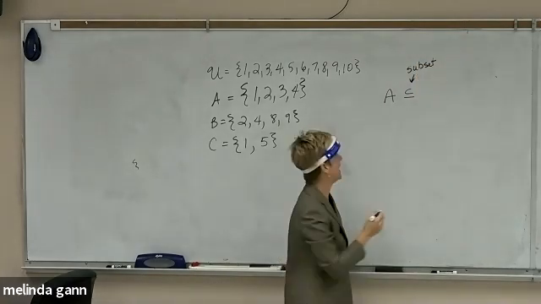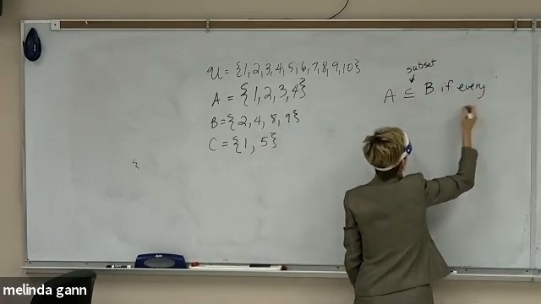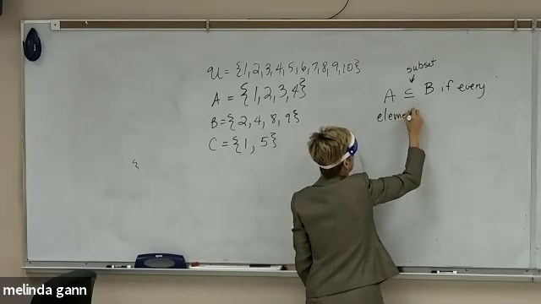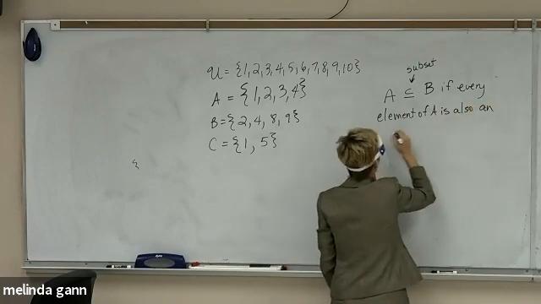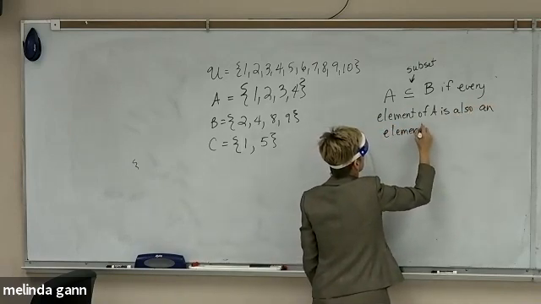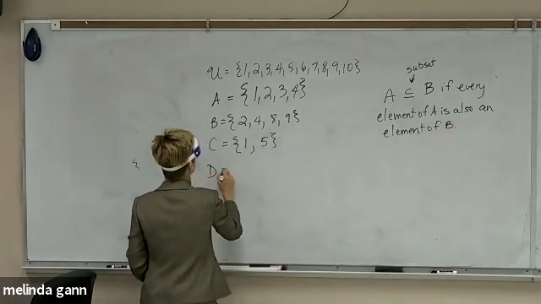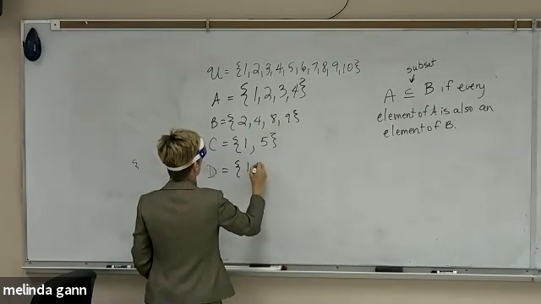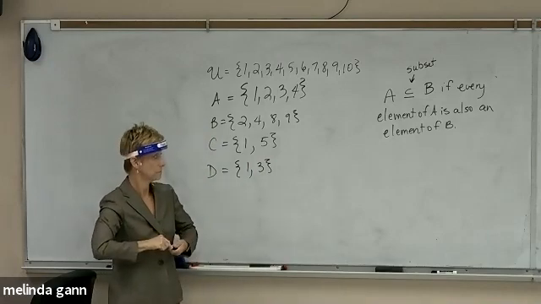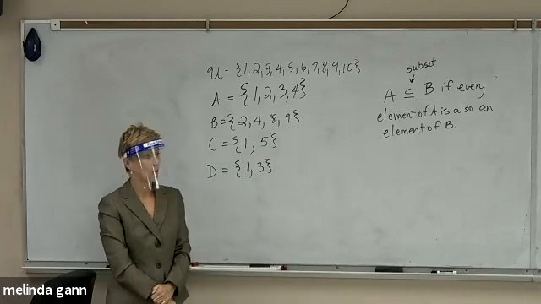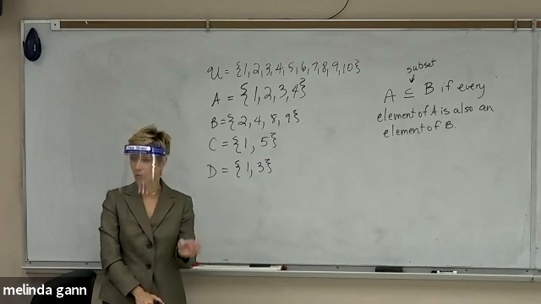A is a subset of B if every element of A is also an element of B. Now, I wouldn't really memorize it with A and B. Think about it like left set and right set.